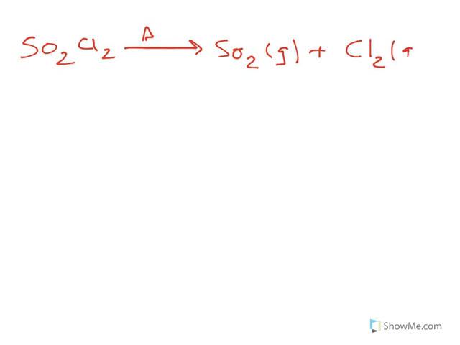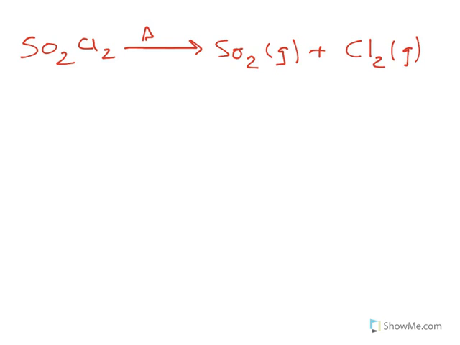So let's go ahead and look at a mathematical example of how to do this. All right, so I'm going to have a chemical reaction of taking sulfuryl chloride, SO2Cl2, and if I heat this up it will decompose into sulfur dioxide gas and chlorine gas. Pretty nasty stuff. All right.